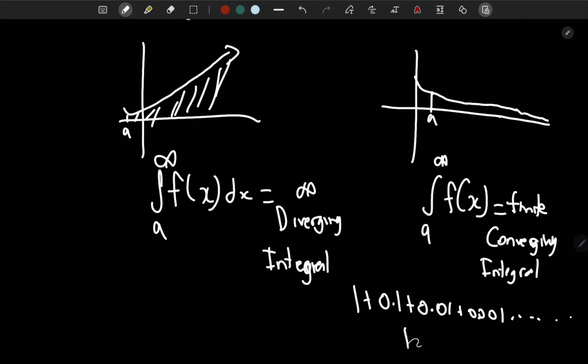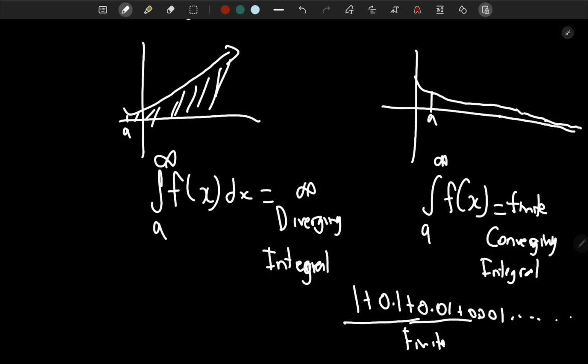It will be a finite number, since as we get smaller and smaller numbers, they are insignificant or negligible compared to the digits that we have over here. And that's the logic behind this converging integral. So as we get closer to the x-axis over here, the line keeps getting closer. It will never be 0, but it will be so close to 0 that it is negligible. So that is the logic behind these two integrals.